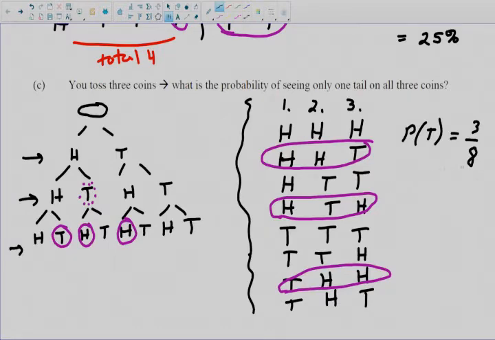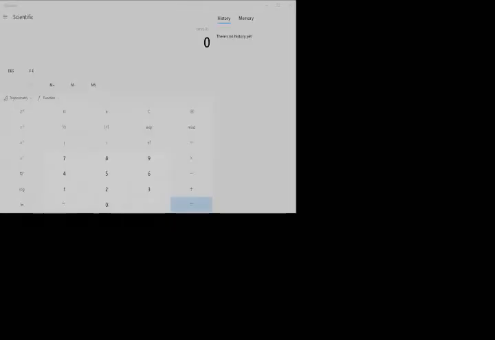So now that probability I'm going to have to use a calculator to figure out. So let me just switch over to the calculator here. There we go. I think you should be able to see it now. So 3 divided by 8 gives 0.375.